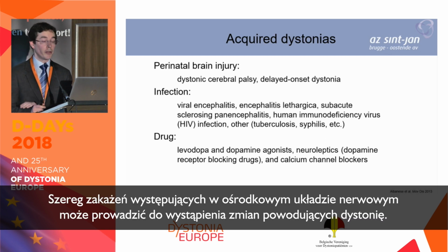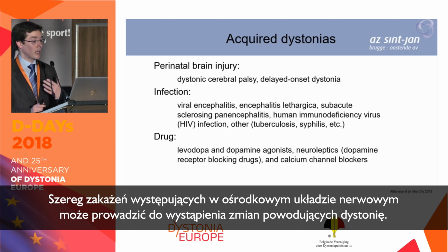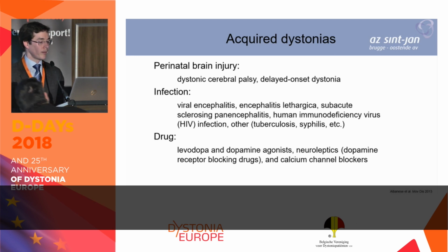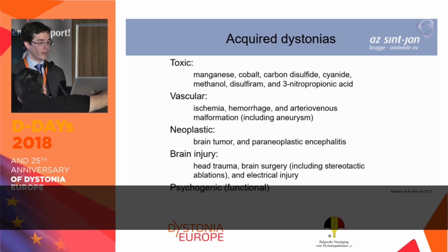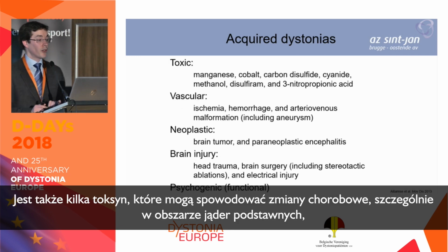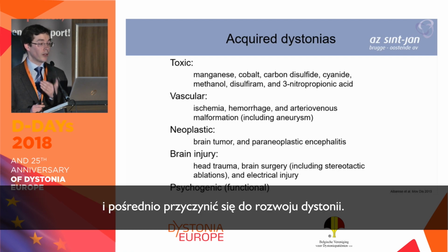Several central nervous system infections can also give rise to lesions that can cause dystonia. I will talk later in more detail about different drugs that can also provoke dystonia. There are several toxins that can also give rise to brain lesions, especially in the basal ganglia, that can then secondarily give rise to dystonia.